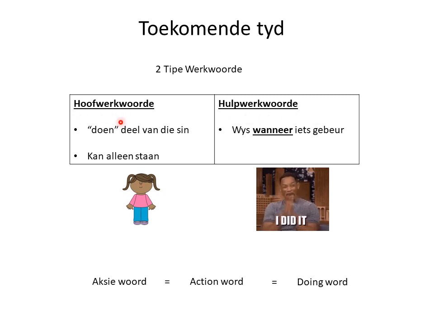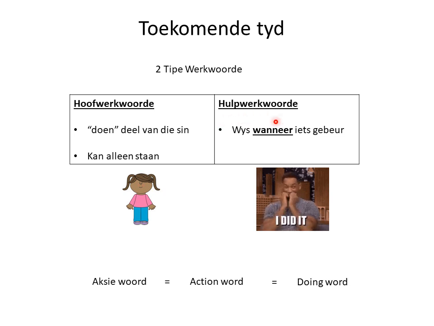A hoofwerkwoord, which means main verb, doen deel van die sin. It's the action part of the sentence, and it's a word that can stand on its own. Kan alleen staan. If I say luister, which means listen, it is one word, but it's a sentence.